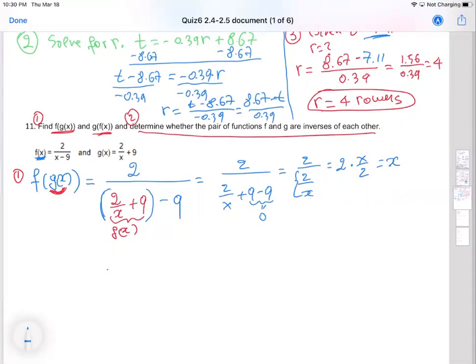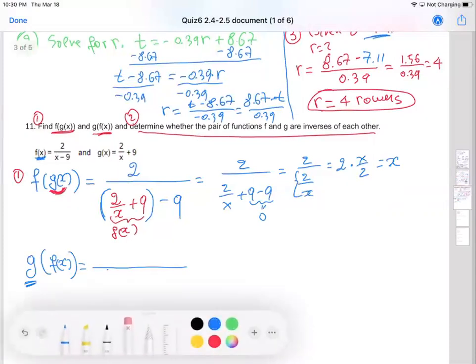And let's find g of f of x. What this means is that we're going to start with g and then put f of x into it instead of x. So I'm going to start with g.